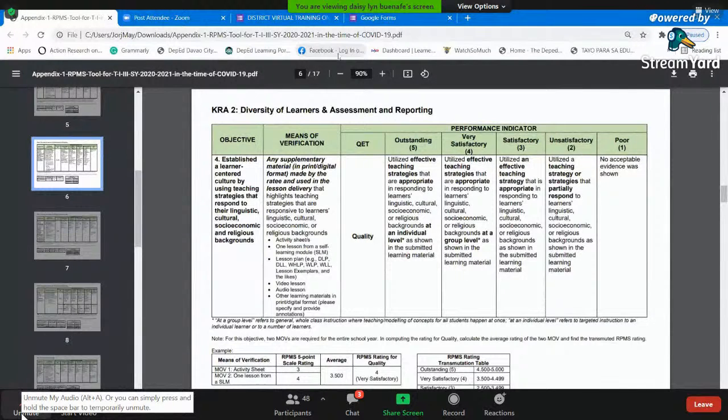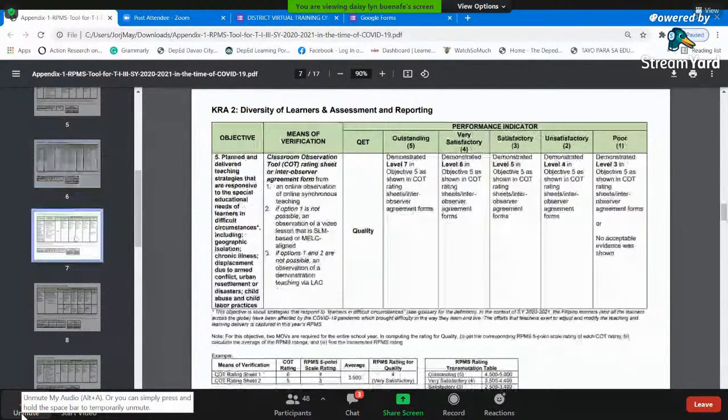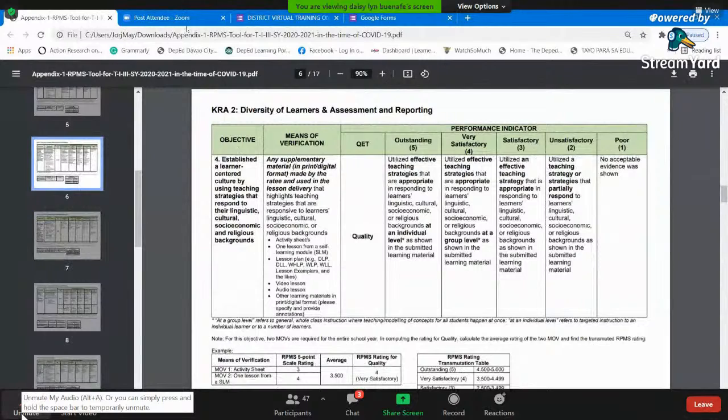Then for MOV 2 she used an SLM and rated 4. Add the two and divide by 2, the average is 3.5, and the rating is 4.